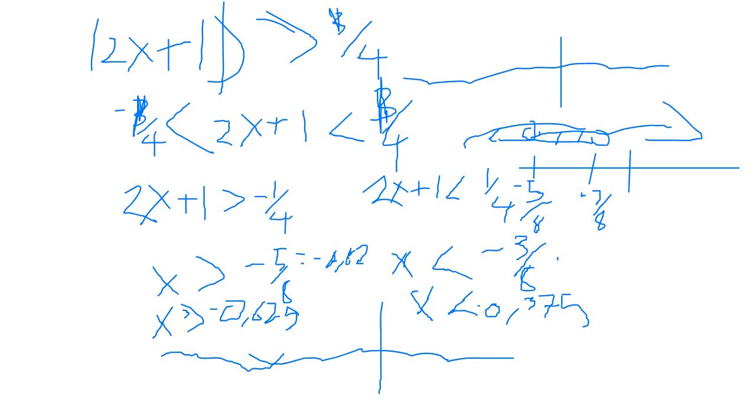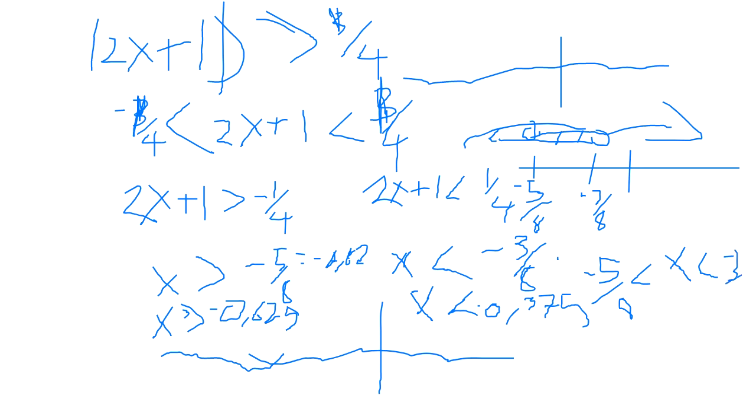So we are going to have negative 5 over 8 less than x less than negative 3 over 8.